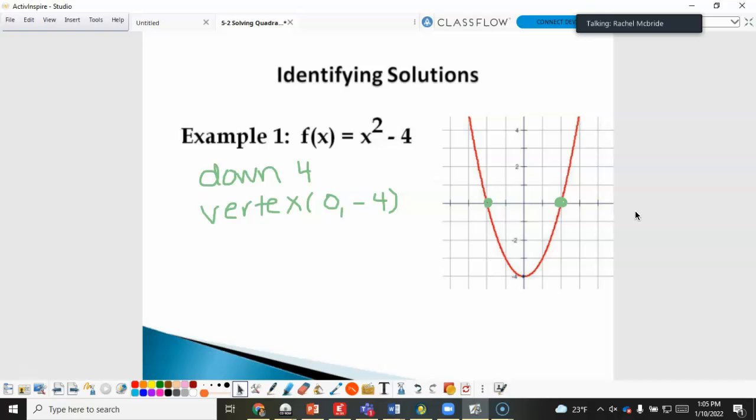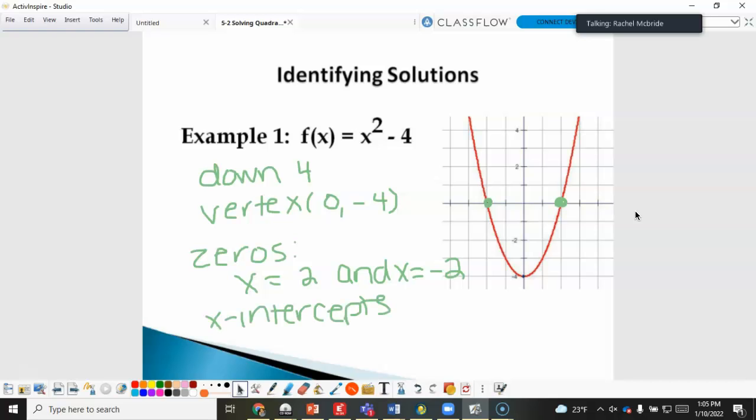And the solutions, or the zeros, are at x equals 2 and x equals -2. If you're writing it out as the x-intercepts, we list them as ordered pairs. So that would be -2, 0 and 2, 0.